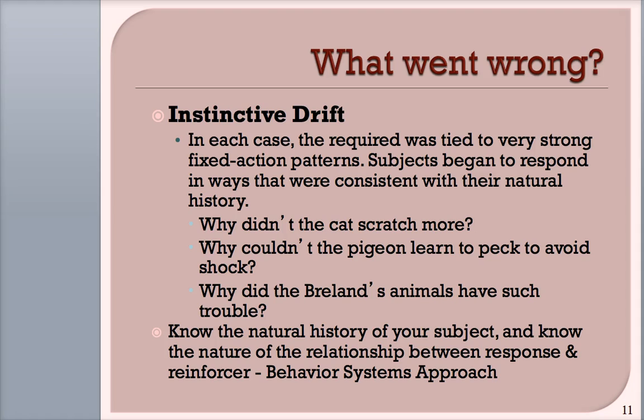These were food-related fixed action patterns. And when we look at the situations, often what we're seeing, instead of the required response, are behaviors that are associated with food. So, for example, the subjects are starting to respond in ways that are really more consistent with their natural history.